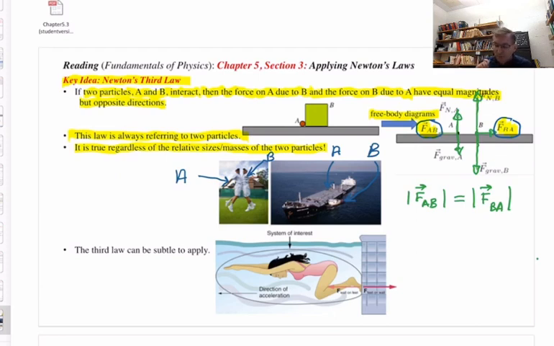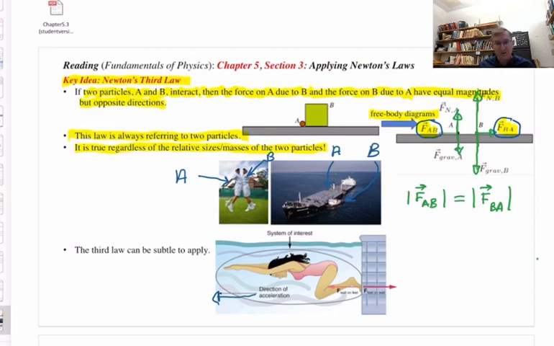Let's continue practicing applying the third law to the drawing at the bottom of this slide. It shows a swimmer pushing off the wall to swim down the lane in the pool. Okay? And what we would observe here in watching the swimmer is that this swimmer has an acceleration to the left. And we'd like to understand why that's happening.